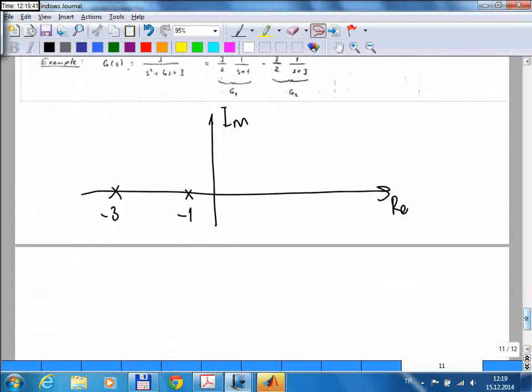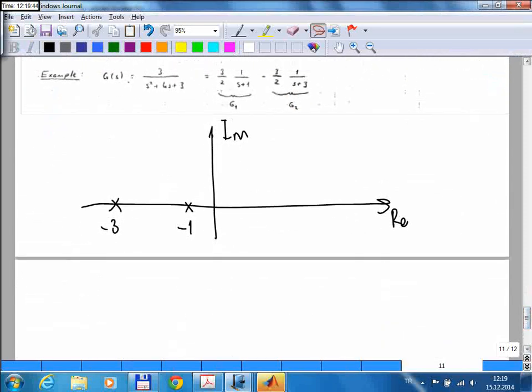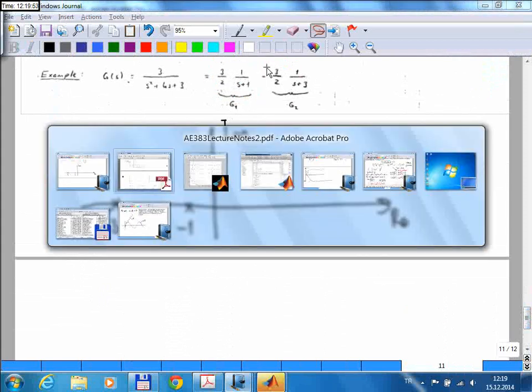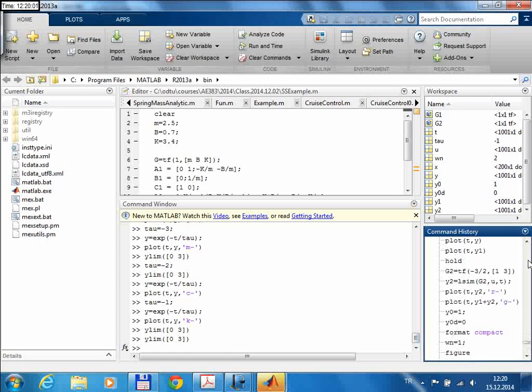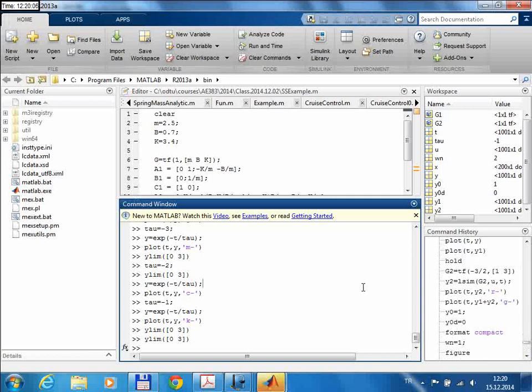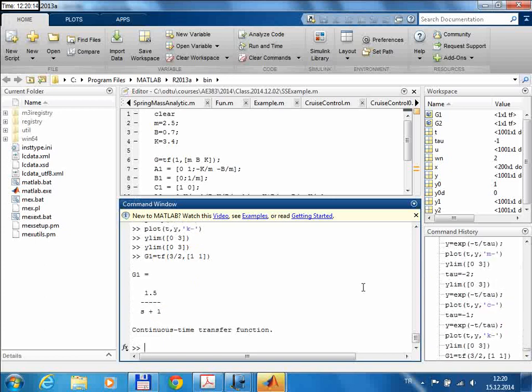Okay, so let's quickly plot the response in MATLAB. I'm going to plot these two responses separately. First, I write these two transfer functions.